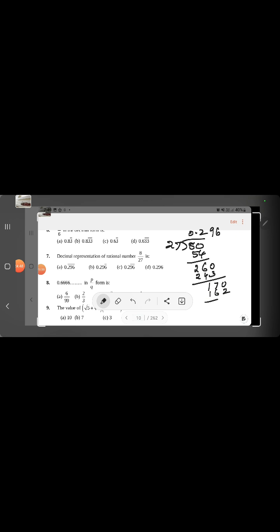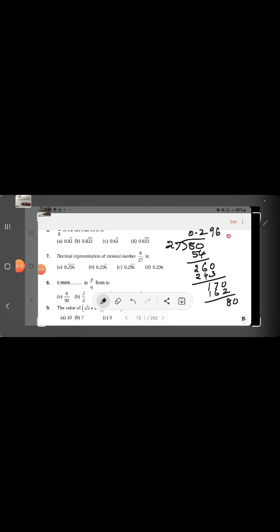Okay, and again you are getting the remainder as 8. So again this continues. Again we put 0. So this goes 2 times, and again we get the same remainder. Okay, so this will repeat. 296 will keep on repeating.